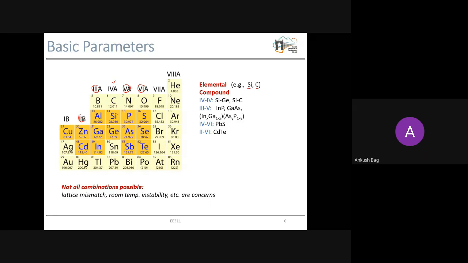So zinc sulfide or zinc selenide, cadmium telluride or cadmium selenide. These are very good materials considering solar cell applications. So these are called compound semiconductors.